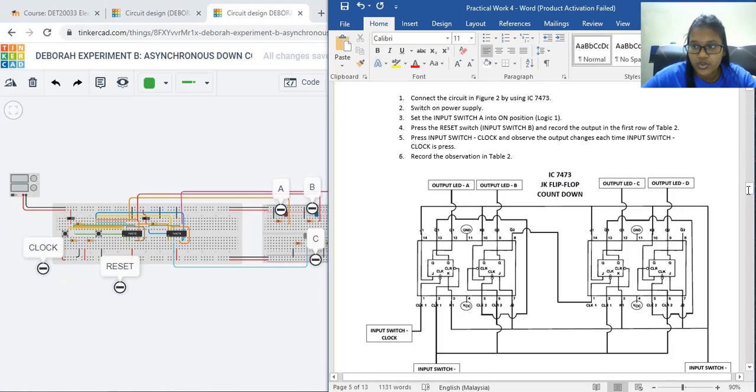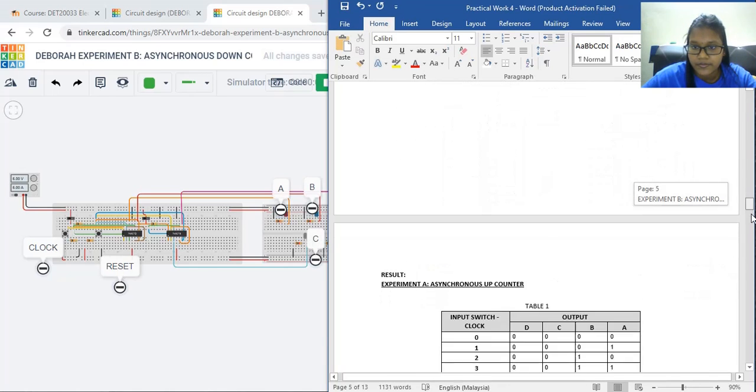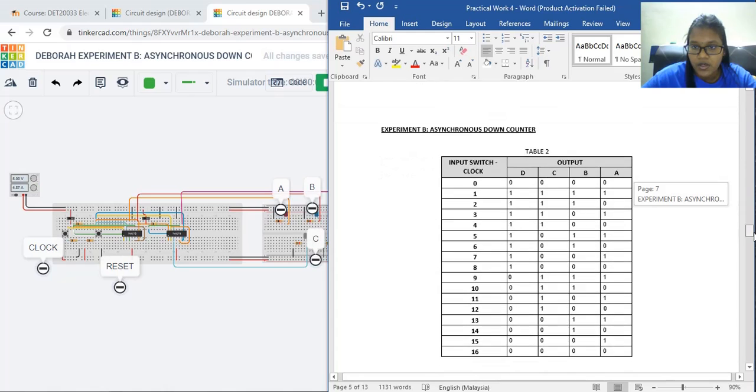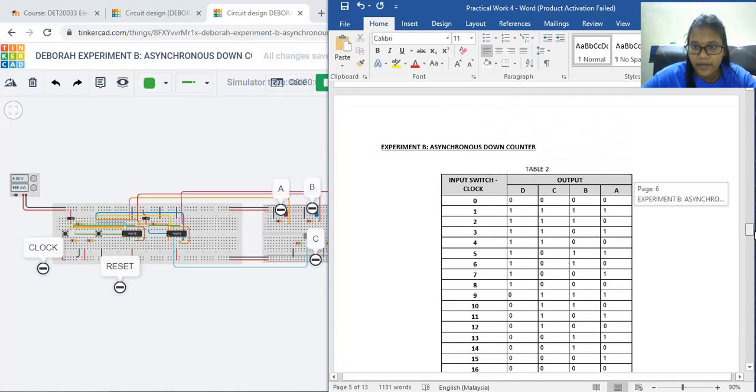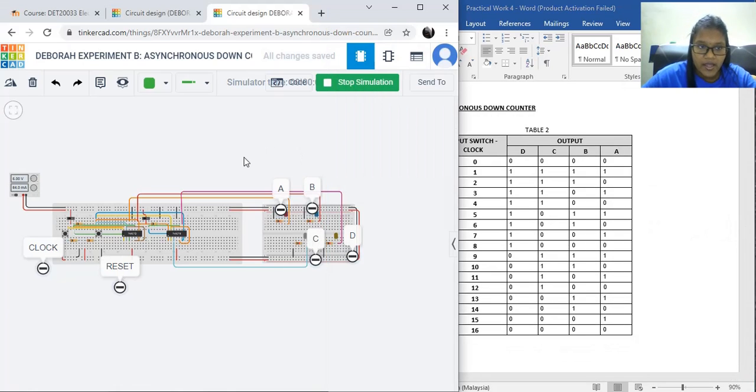Okay, I'm going to show my output table. Okay, this is my output table. Alright. Okay, I'm going to start with 0, which is I didn't press the clock button, so the 4 LEDs will not light up.